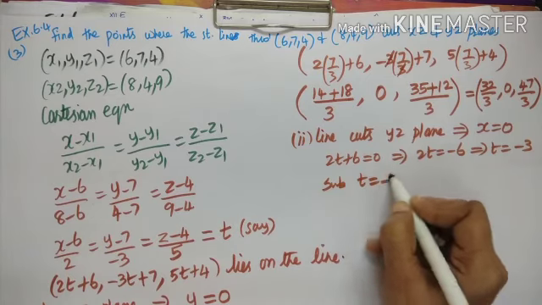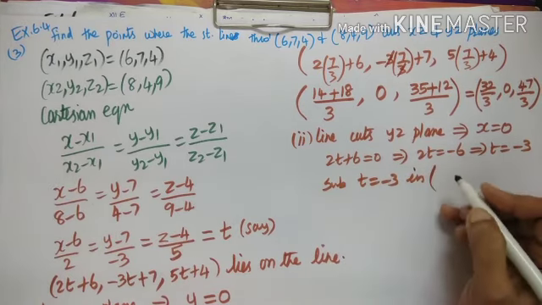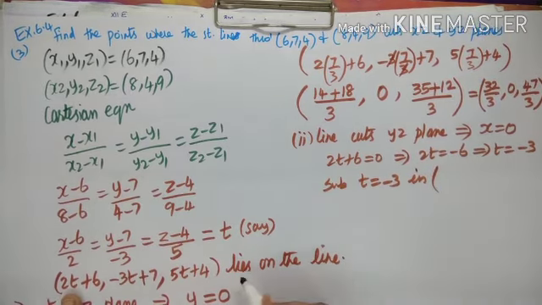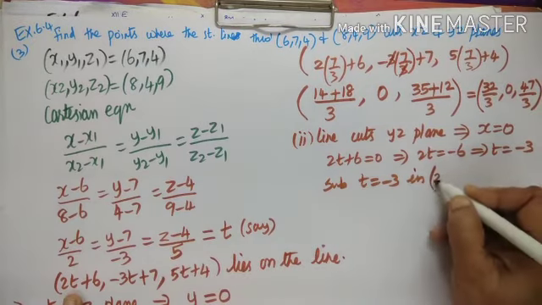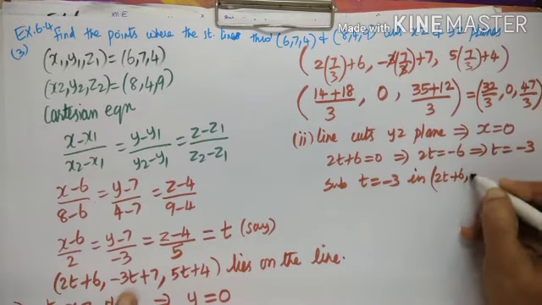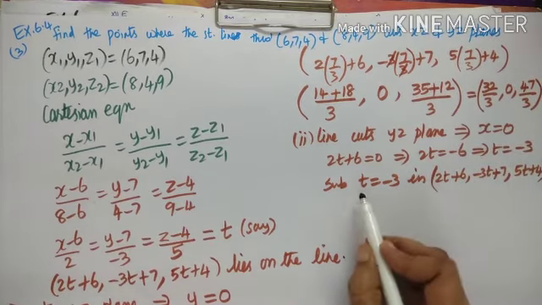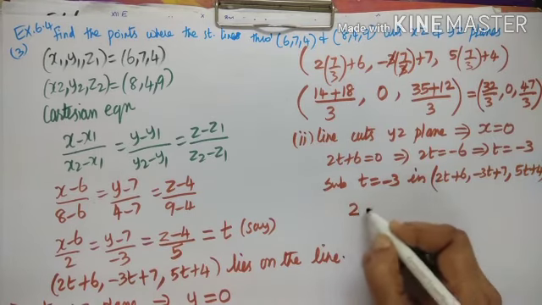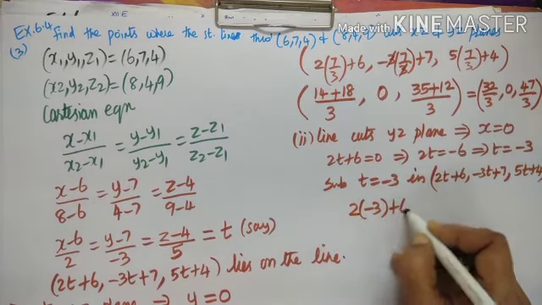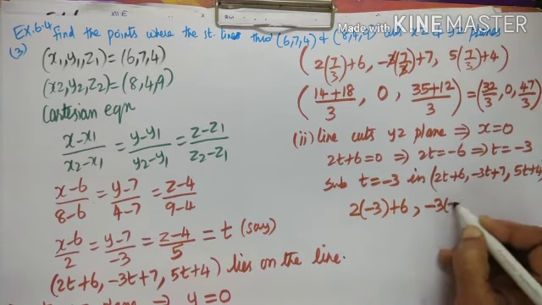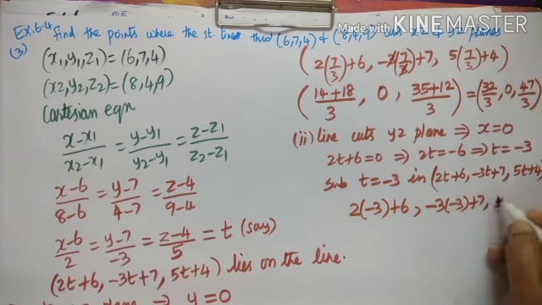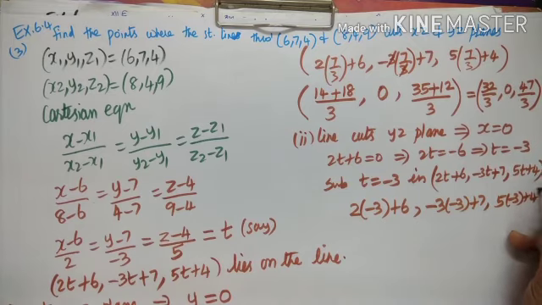Substitute t equal to minus 3 in the same point, which is any point on the line that we have written. So, in 2t plus 6, minus 3t plus 7, 5t plus 4, we substitute t equals minus 3: 2 into minus 3 plus 6, minus 3 into minus 3 plus 7, 5 into minus 3 plus 4.